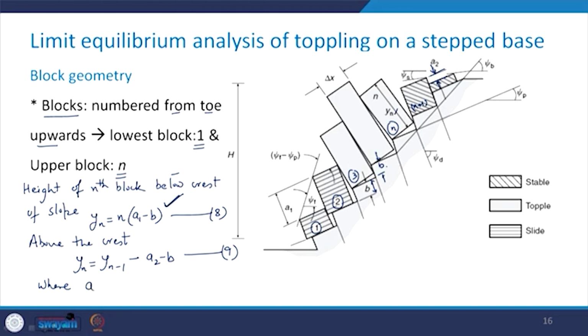How? a1 will be written as delta x tan of psi f minus psi p. I will make it equation number 10.